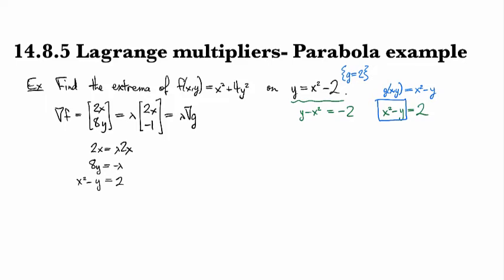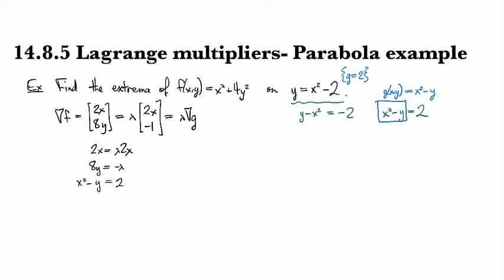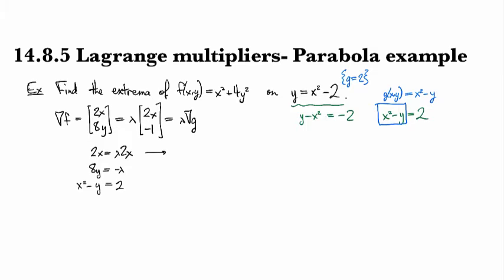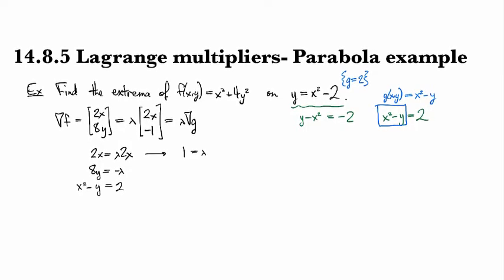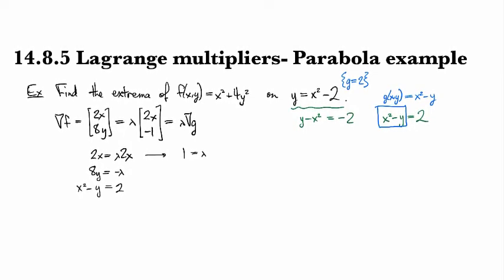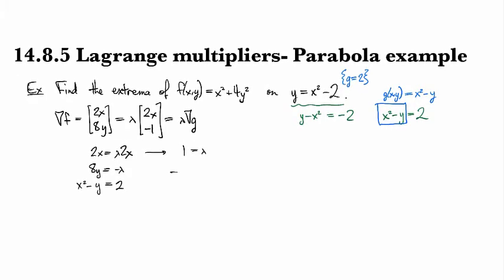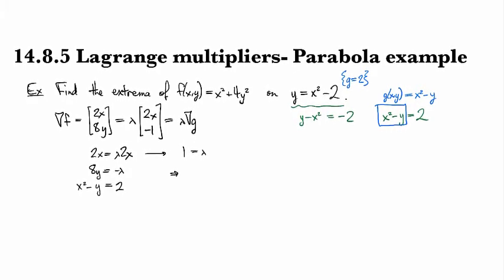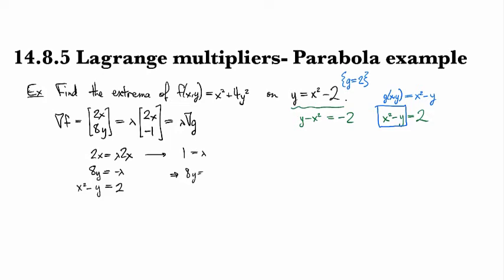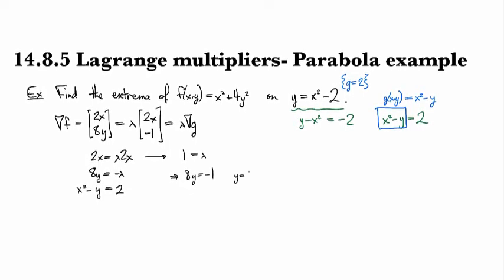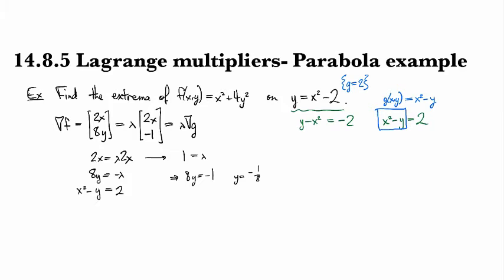All right, and so what to do next? Well, from this first one, we can cancel the 2x's and we get that lambda is equal to 1. And so then substituting that into the next equation, we get 8y equals minus 1, so y equals minus 1/8.